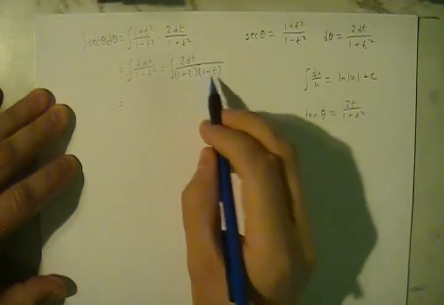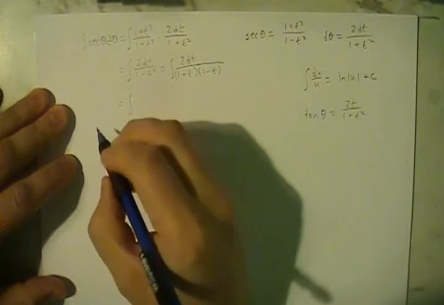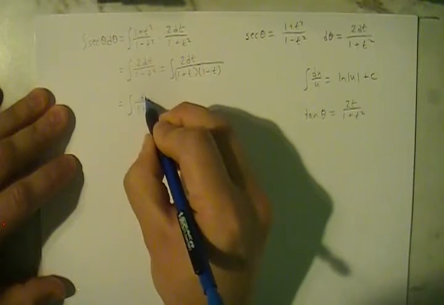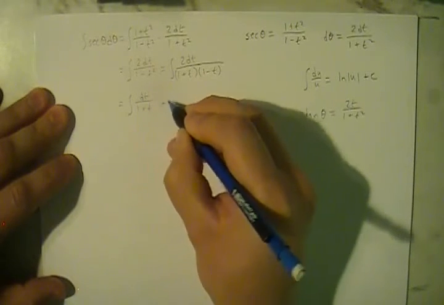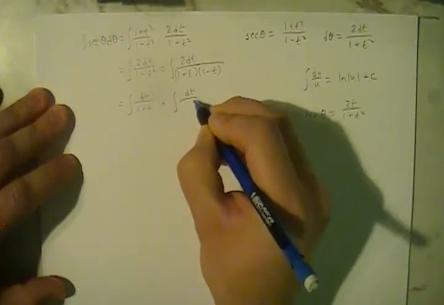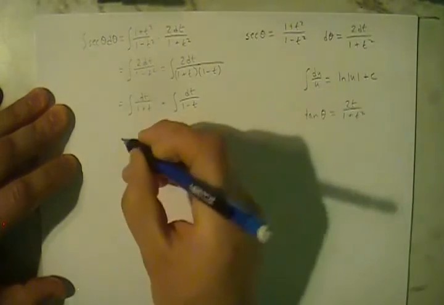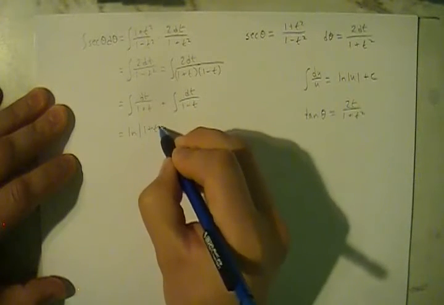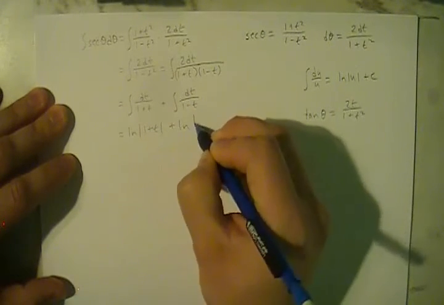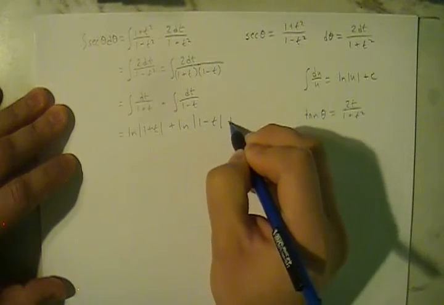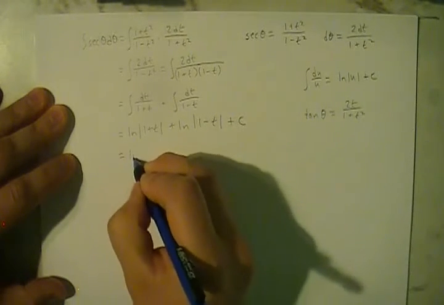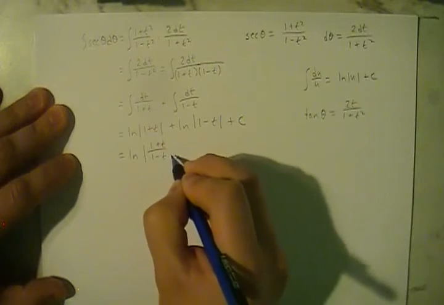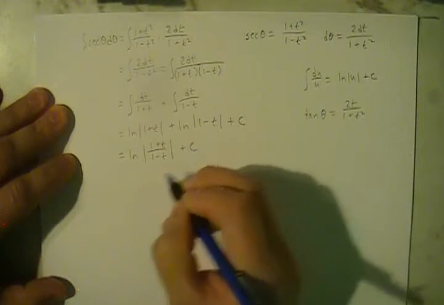Alright, so I'm just going to go ahead and decompose this into the integral of dt over 1 plus t, plus the integral of dt over 1 minus t, and then this ends up being the natural log of 1 plus t, minus the natural log of 1 minus t, plus a constant. And then properties of logarithms, that's 1 plus t divided by 1 minus t, plus constant.